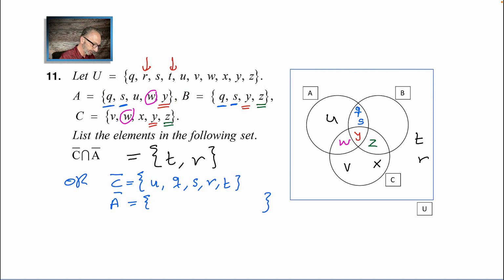And that will be X is not in A, V, Z, R, and T. Now, C complement intersect A complement will be the intersection between these two sets, and that is clearly R and T.